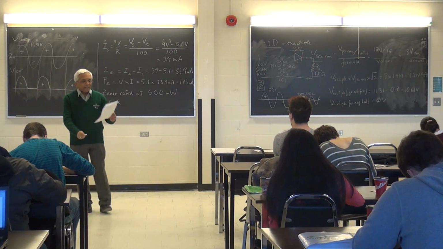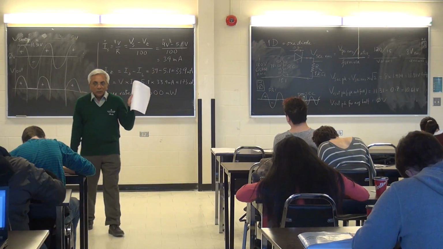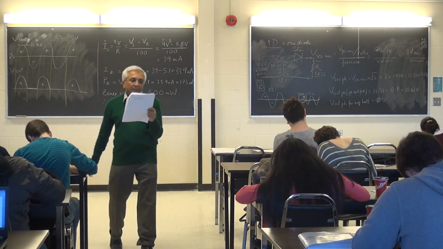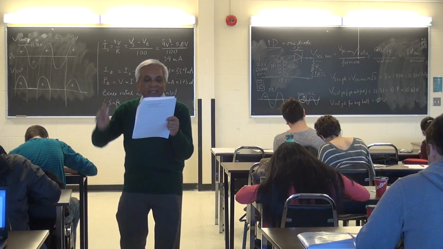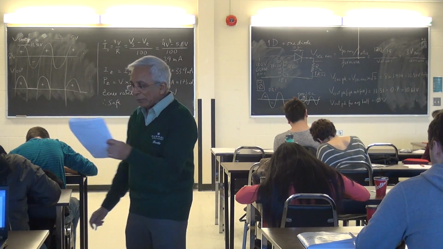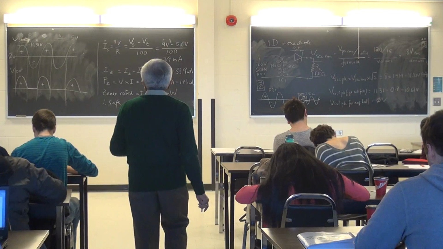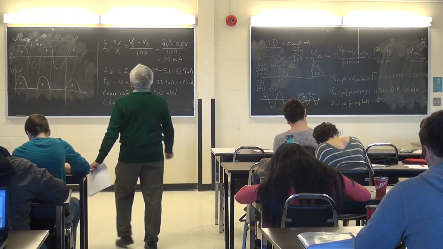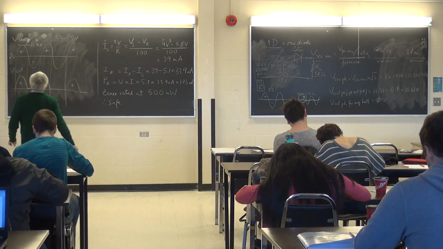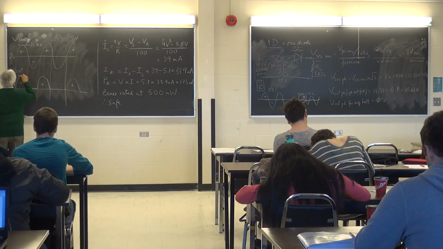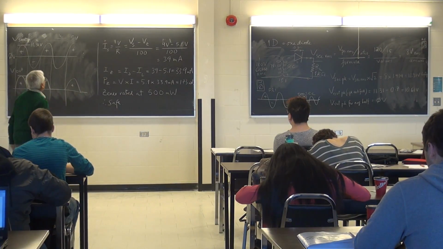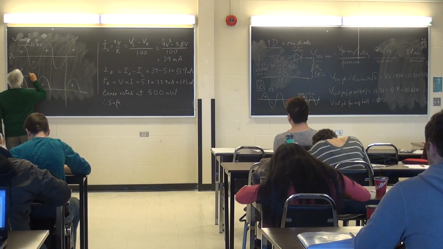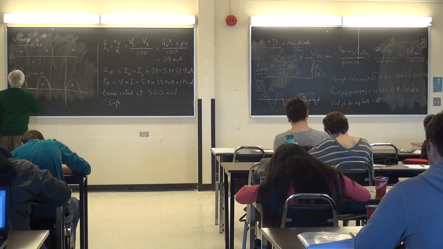So let's draw that for V out. And you've got the dotted lines to help you guide where the peak value is. Okay? And this value here is how much? 10.6. And show the 0.